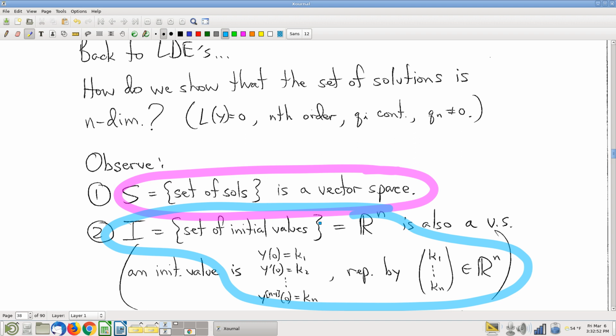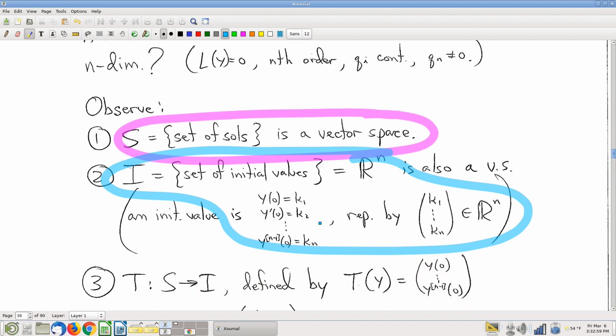Okay. Now I'm going to define a linear transformation. We're setting up some machinery to make this all work. My linear transformation goes from my vector space of solutions to my vector space of initial values. Now remember, there's lots of weird linear transformations that you can define. Not all linear transformations look like a Euclidean input, Euclidean output formula that involves only linear terms, right?